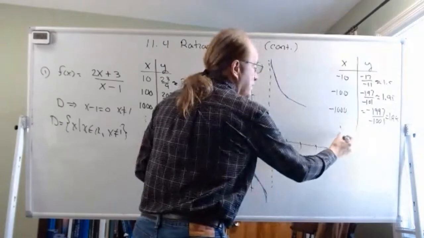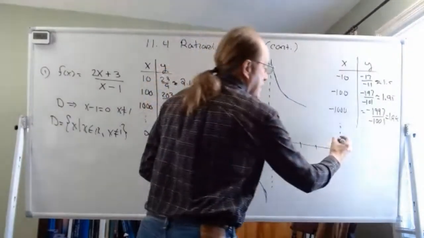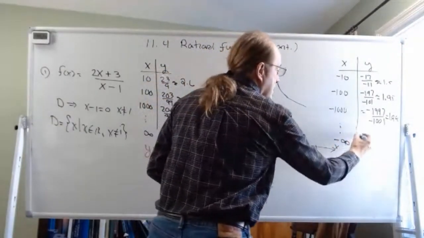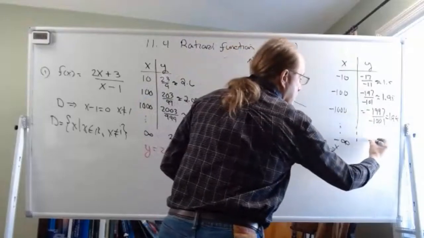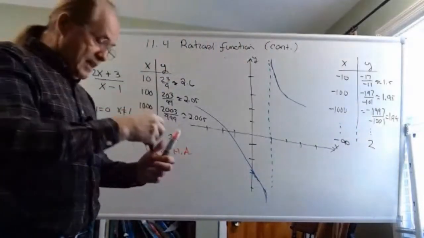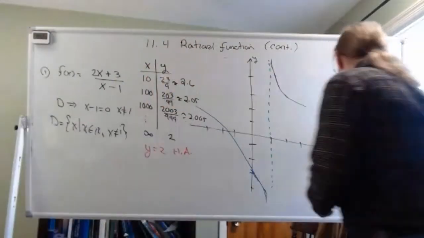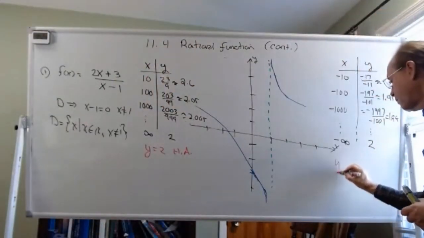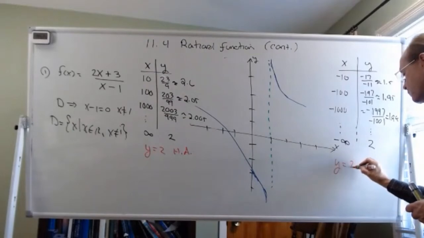And you'll start to see the same pattern here. As x goes to negative infinity, this gets closer and closer to a positive 2. Again, we can say there's my horizontal asymptote, y is equal to 2.